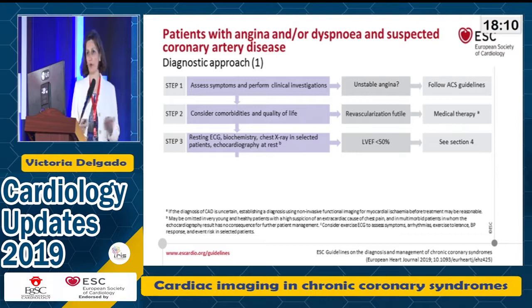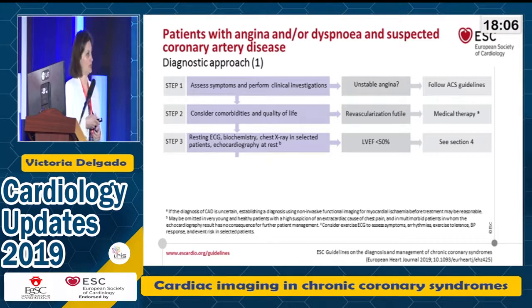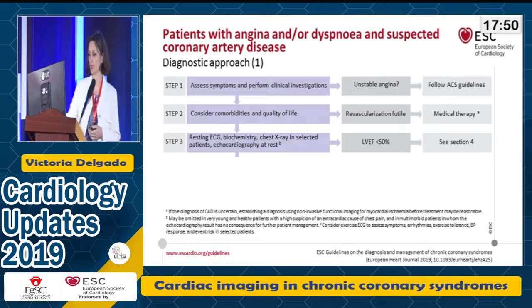In this case, our patient doesn't have any other comorbidities, and we check any of these examinations if it's performed. Resting EKG, I think that is primordial, the biochemistry, and the echocardiography at rest. And if the ejection fraction is below 50%, then we need to go to the next section.